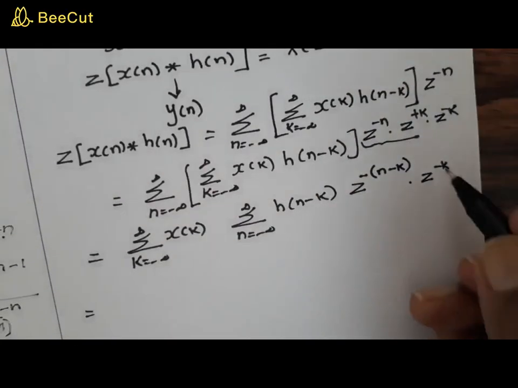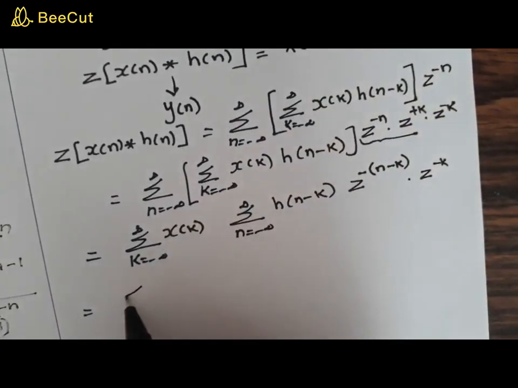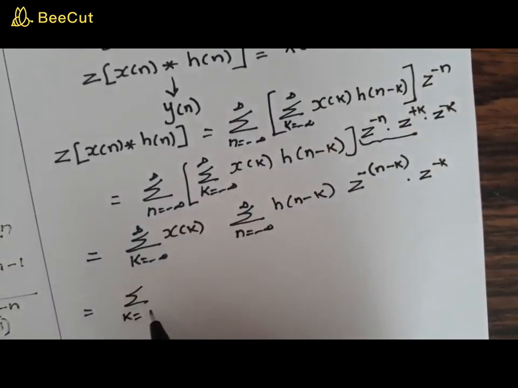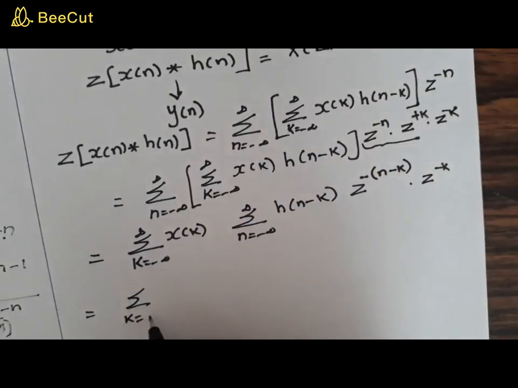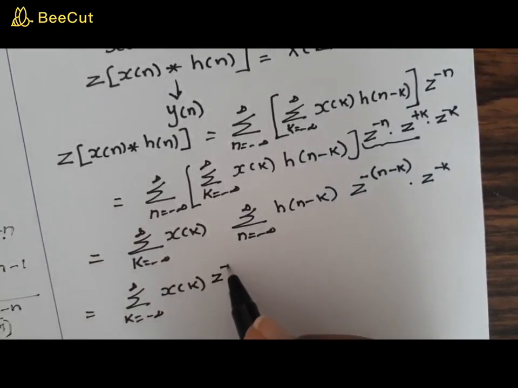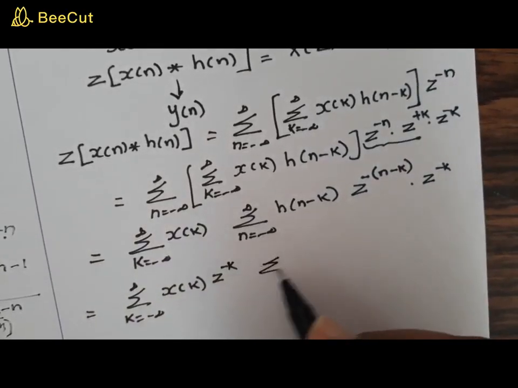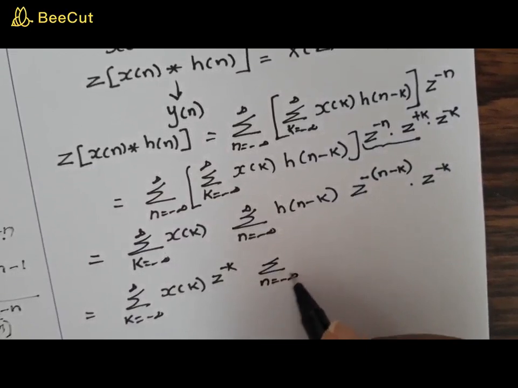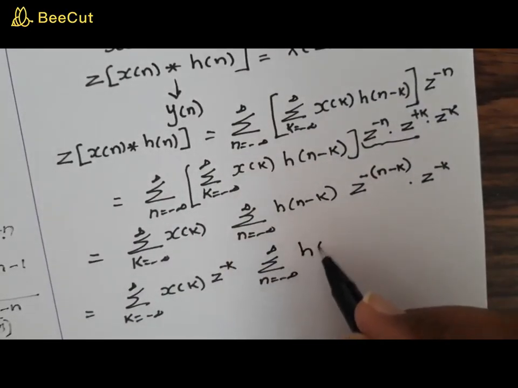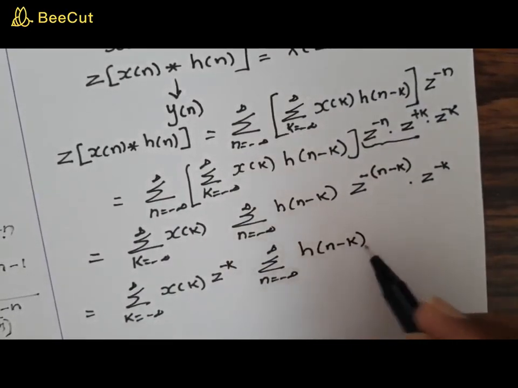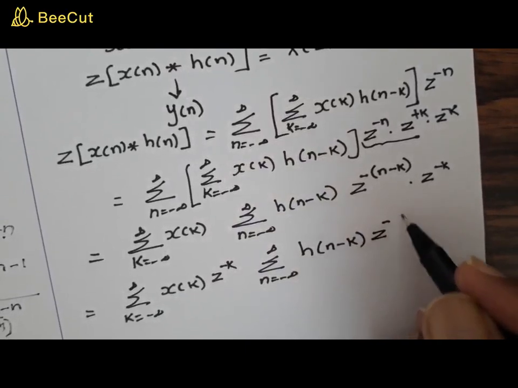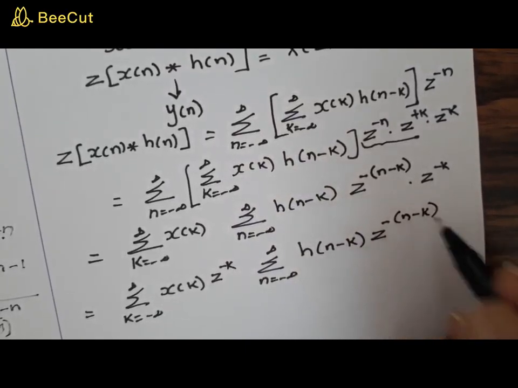In the next step I am bringing this z raised to minus k over here, because this has nothing to do with this summation. So k equals minus infinity to plus infinity x of k into z raised to minus k, sigma n equals minus infinity to plus infinity h of n minus k into z raised to minus of (n minus k), right?